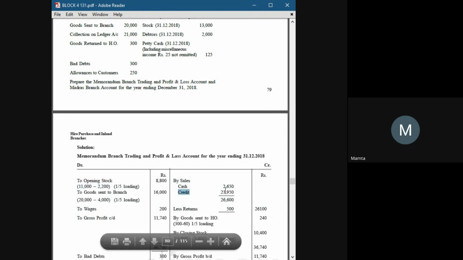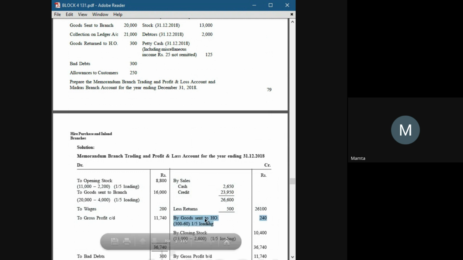Credit sales made during the year are 23,950. This is the total sales when you add both of these. And sales return was 500 rupees. So when you deduct it out of 26,600, you get the amount 26,100 rupees by sales.